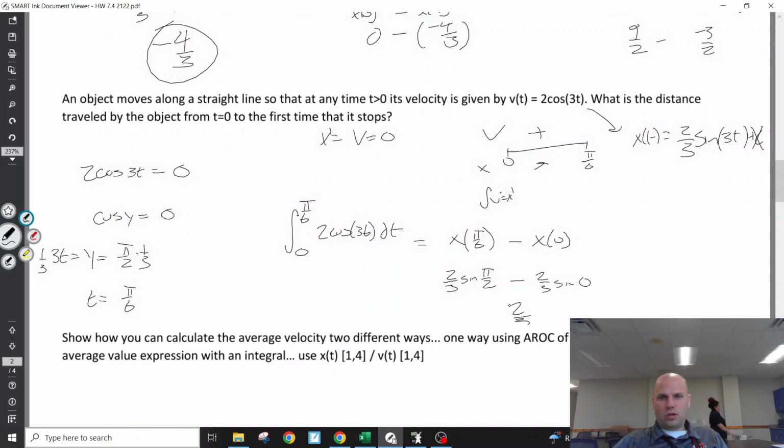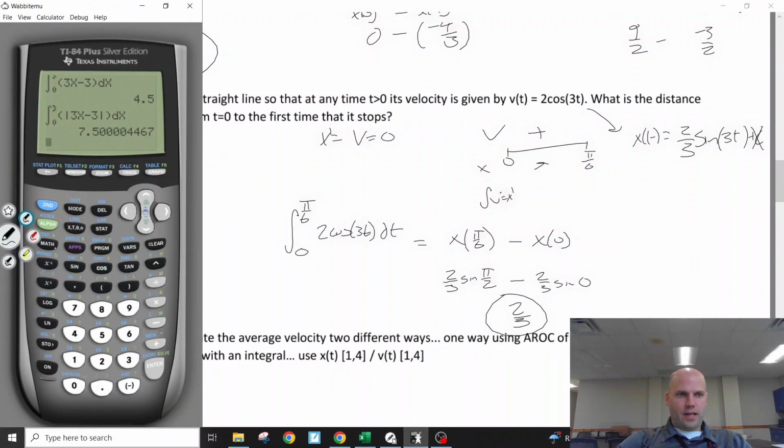I get my answer is 2/3. Okay? We can do that without a calculator. I guarantee you the distance and the displacement are the same because your velocity is positive. Boom.